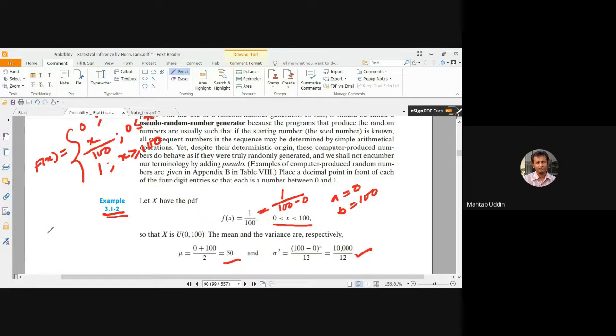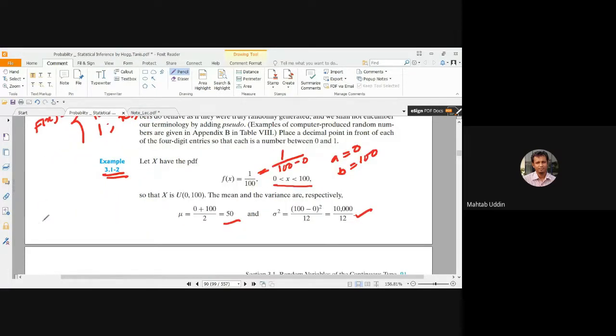Then the MGF. The MGF is (e to the power bt minus e to the power at) divided by (b minus a) into t. Here e to the power 100t minus e to the power 0, a is 0, so 1, divided by b minus a into t, b minus a is 100, so 100t, if t is not equal to 0, and 1 if t equals 0.